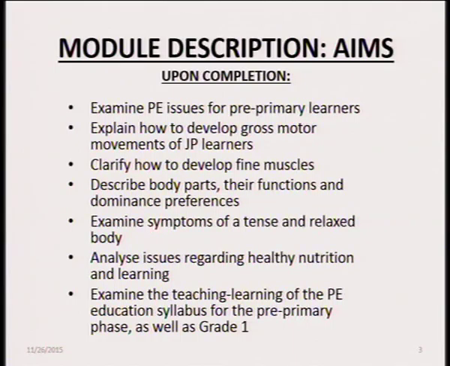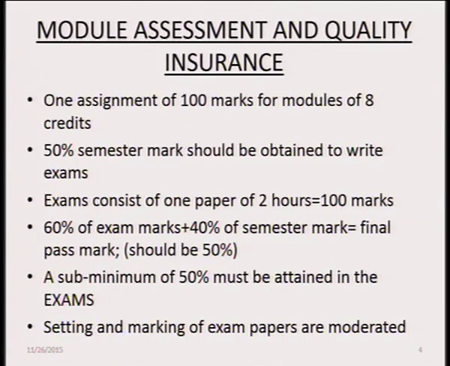You should describe body parts, their functions and dominance preferences. Also examine symptoms of a tense and relaxed body. Analyze issues regarding healthy nutrition and learning, and examine the teaching and learning of the physical education syllabus for the pre-primary phase as well as for grade 1.